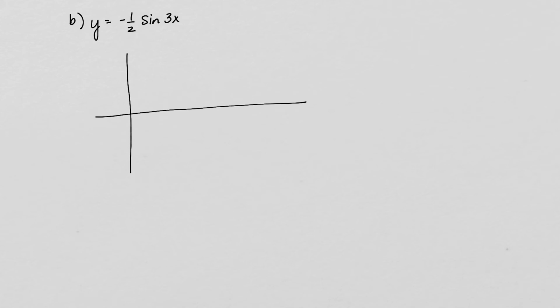Part B is y equals minus 1/2 the sine of 3x. So in this case, we're going to first start off by graphing the sine, but if you notice, my amplitude here is negative, which means instead of graphing, we usually graph the sine function like this. Instead of doing that, we're going to flip it over.